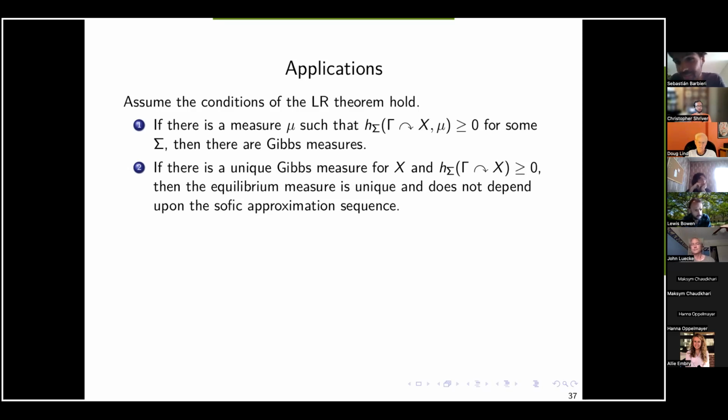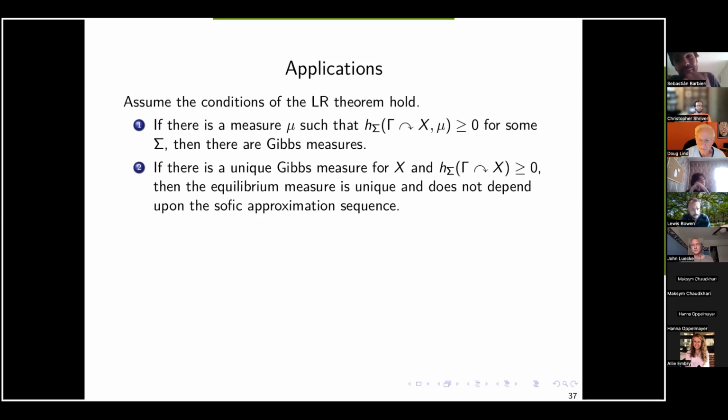So that's interesting, especially because there is a paper by Lewis Bowen and some other people where they constructed examples of a subshift of finite type, I think it's strongly reducible, which with two different sofic approximation sequences can take two different positive values of sofic topological entropy. And I think the question is open for measurable sofic entropy.